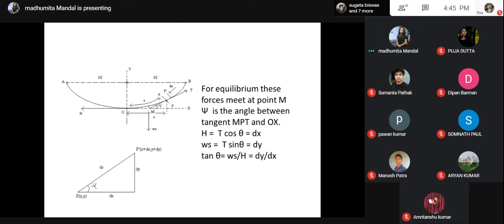So T cos theta can also be written as dx, and T sin theta will also be equal to dy. So tan theta is equal to Ws by H, or dy by dx. Okay, do you understand?